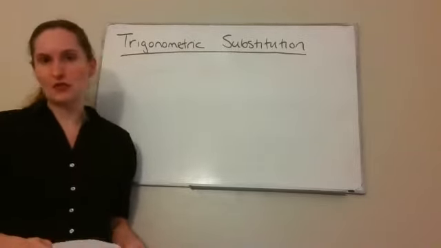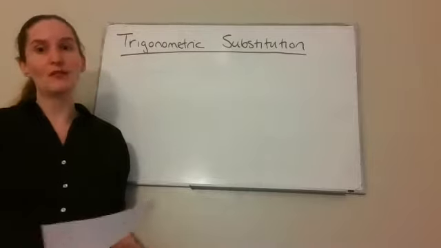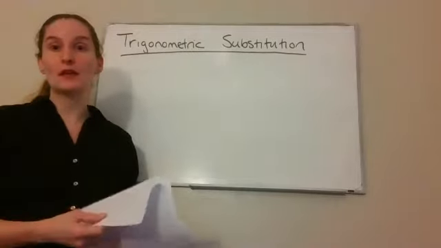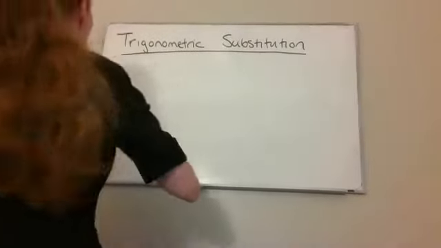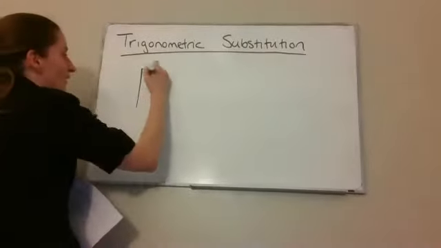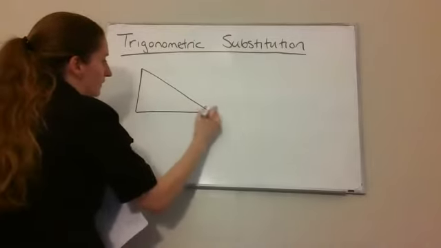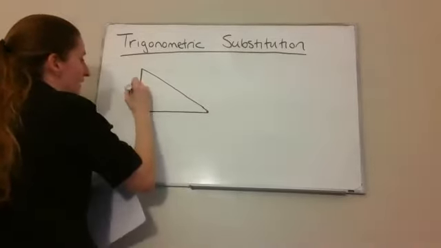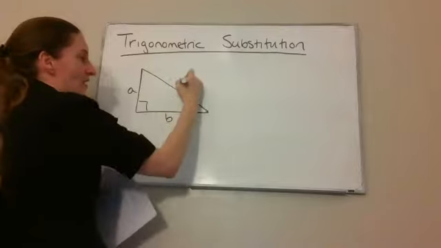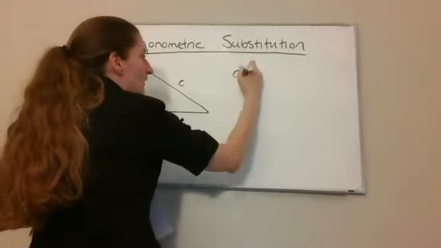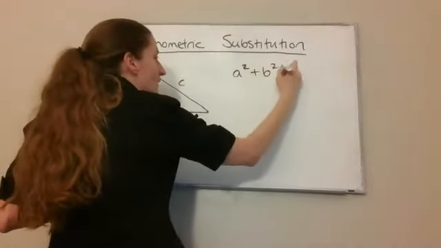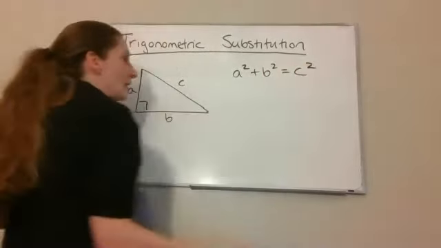So in order to do trigonometric substitution, you need to be very familiar with the Pythagorean Theorem and your right triangle trigonometry. So just a reminder for us, when we have a right triangle that has legs a, b, and a hypotenuse c, the Pythagorean theorem tells us a squared plus b squared equals c squared.